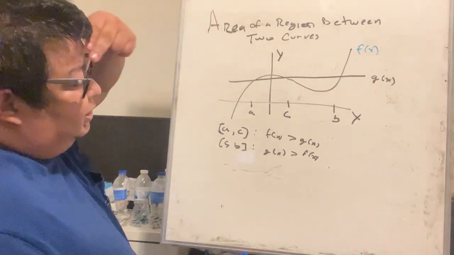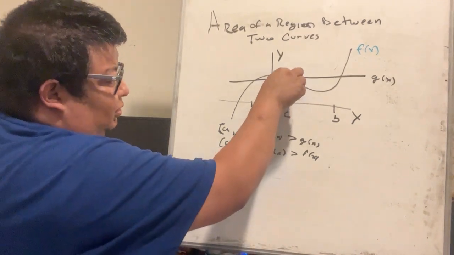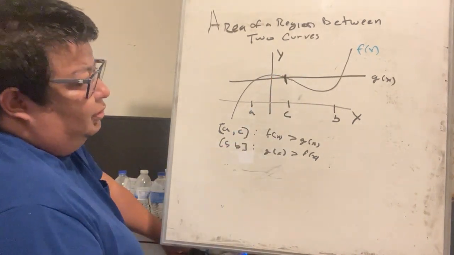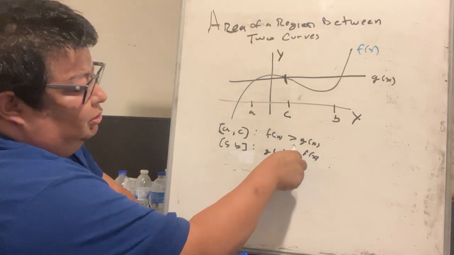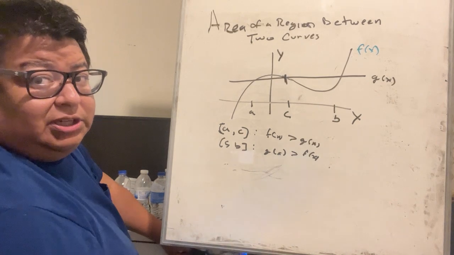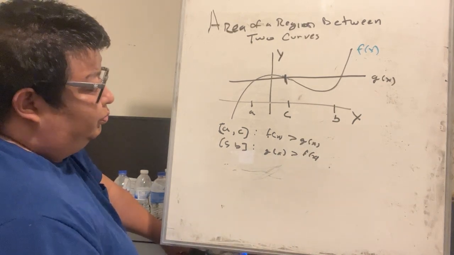So the way you do it in this case, because your graphs change between increasing and decreasing, we need to split the integral.